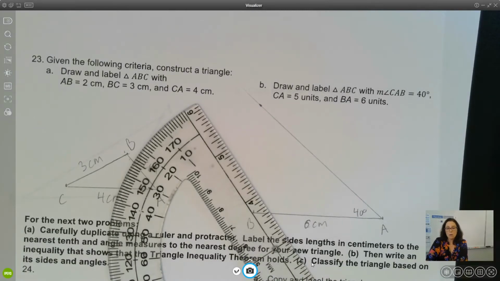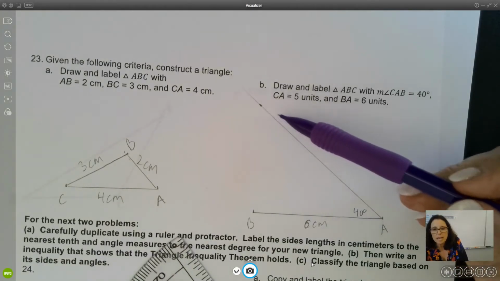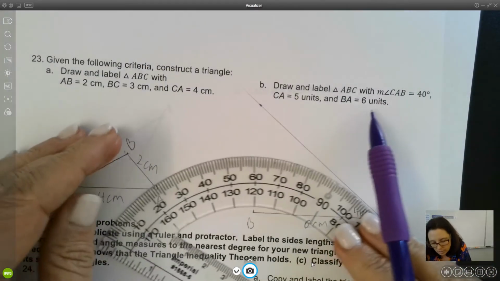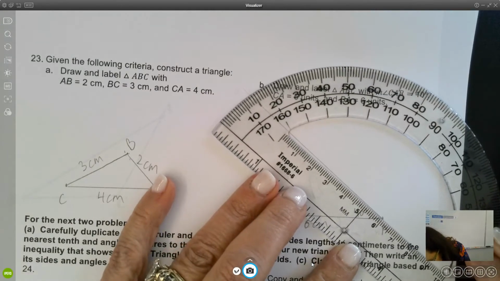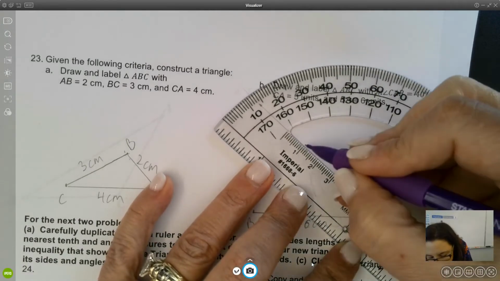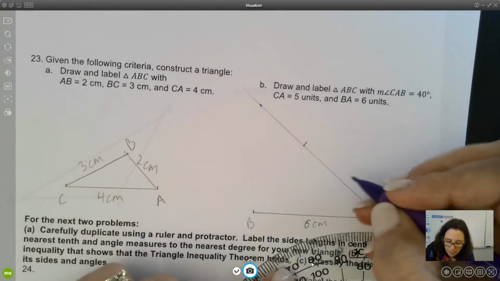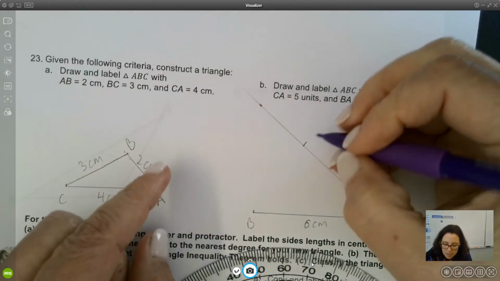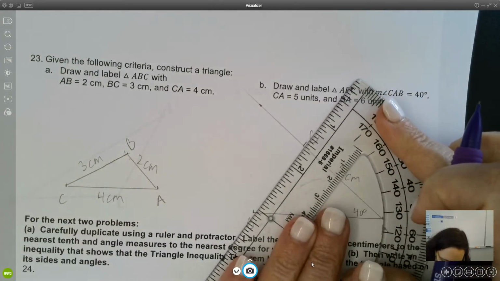Now this is going to be C up here somewhere, and CA has to be 5 units. So if I do 1 to 6, that's 5 centimeters, and this is C. Then I join these two.